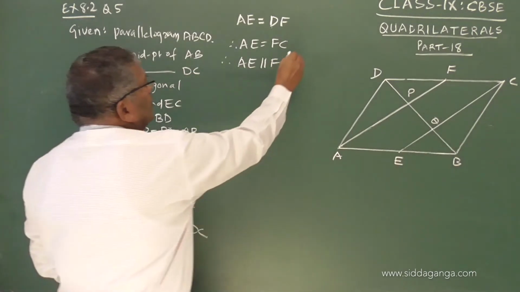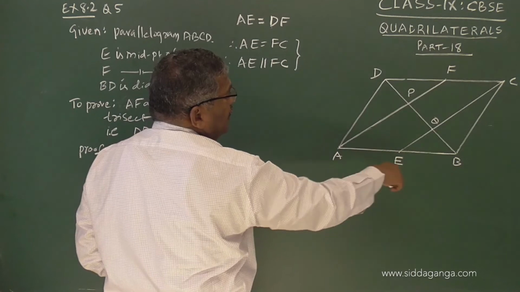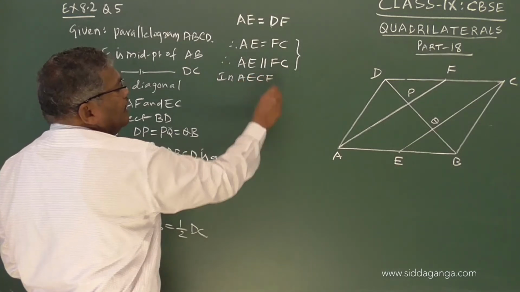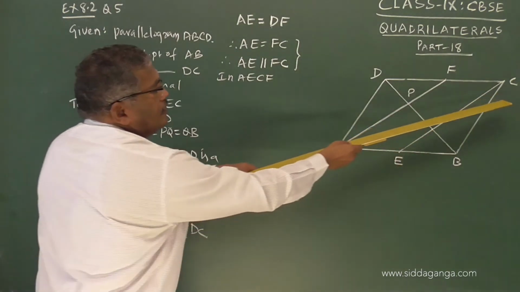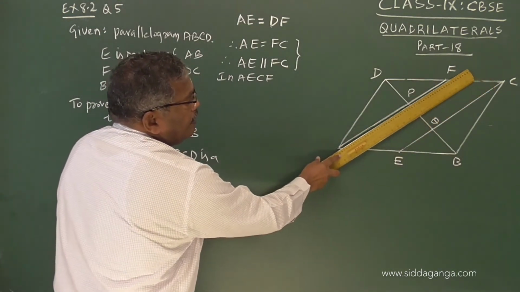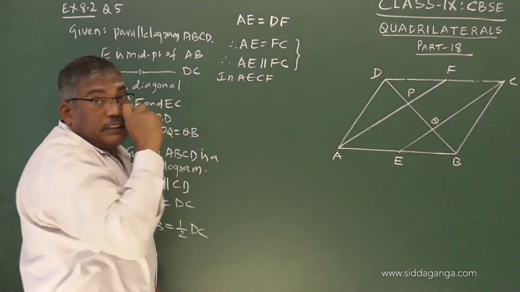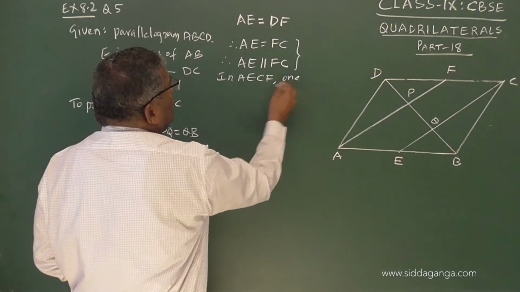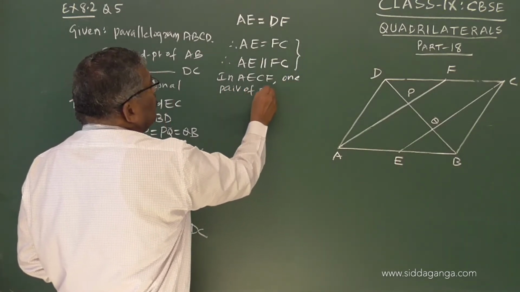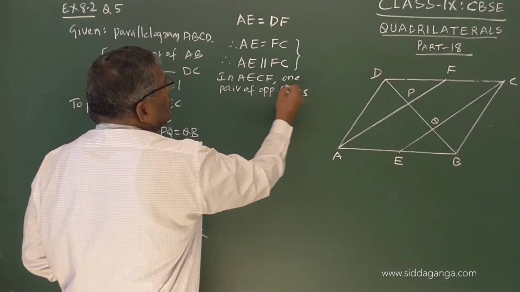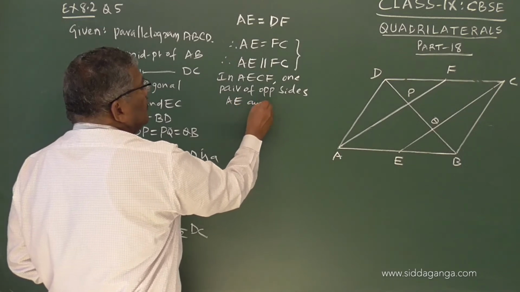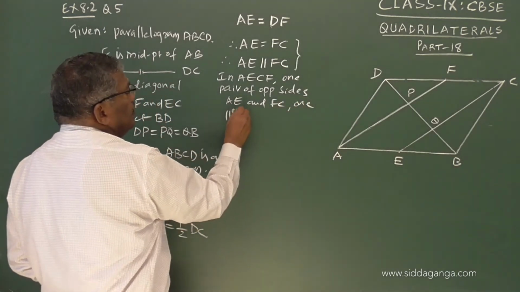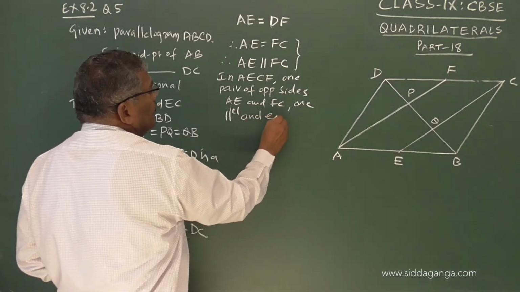So what we are proving here, in quadrilateral AECF, observe this AECF, in this quadrilateral, one pair of opposite sides, that is AE and FC, are parallel and equal.